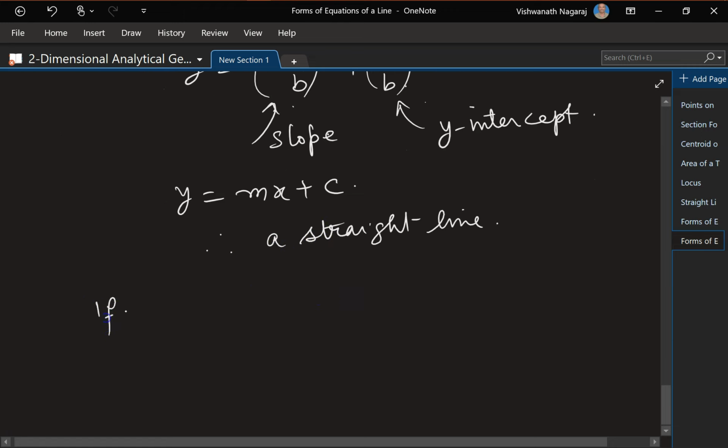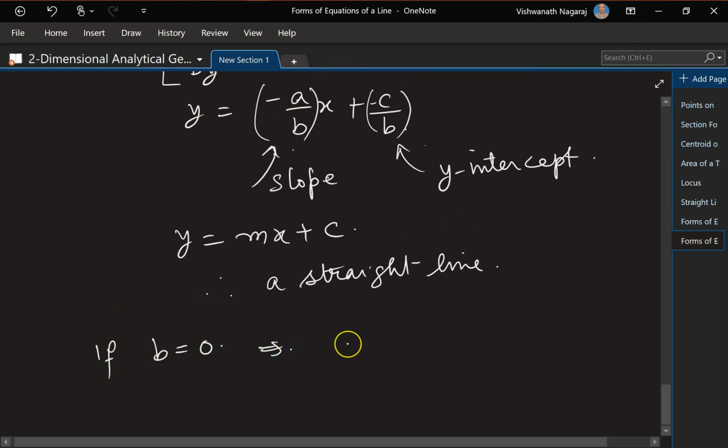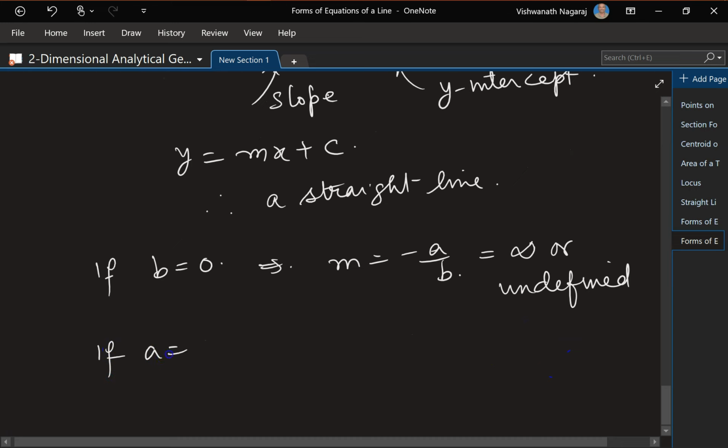Now if b is equal to 0, the slope m is equal to minus a by b, so minus a by 0 will be, depending on how you look at it, infinity or undefined. If a is equal to 0, the slope will be 0. So in this case it will be a vertical line and here it will be a horizontal line.